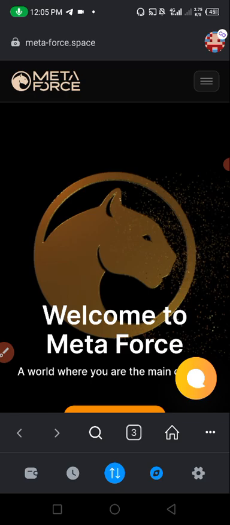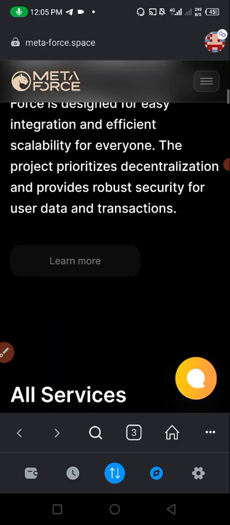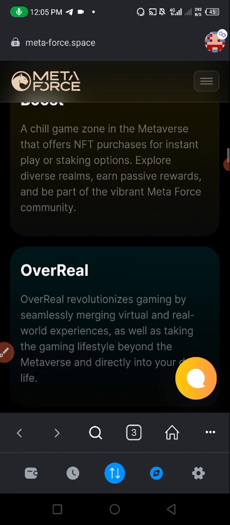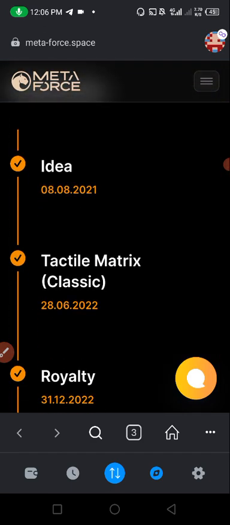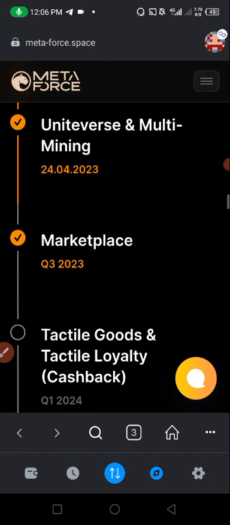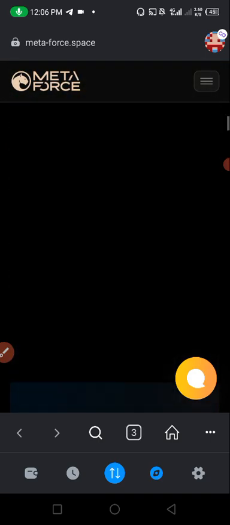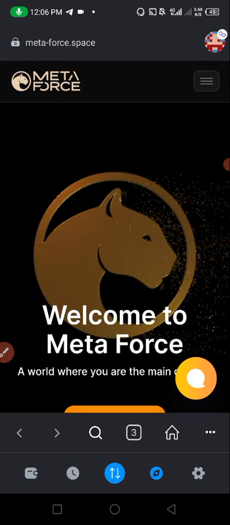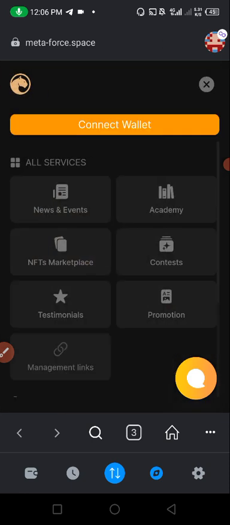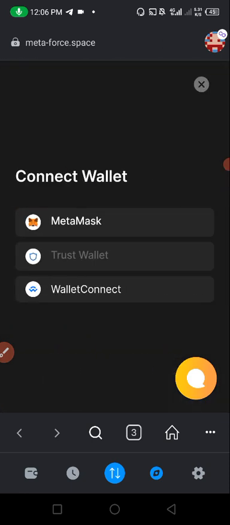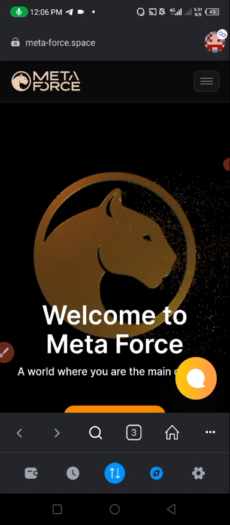So, I know by now you must have familiarized yourself with the website already, with most things on the website. So if you want to access your account, you just come and connect wallet. Most times the wallet disconnects, you just connect it back.